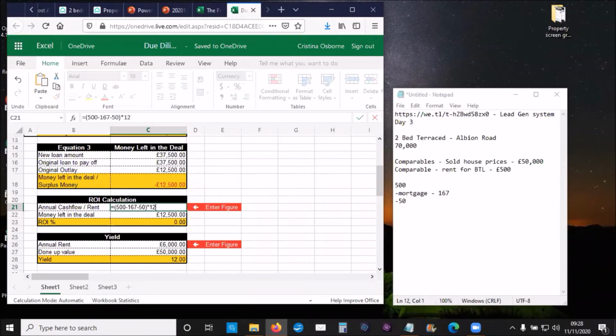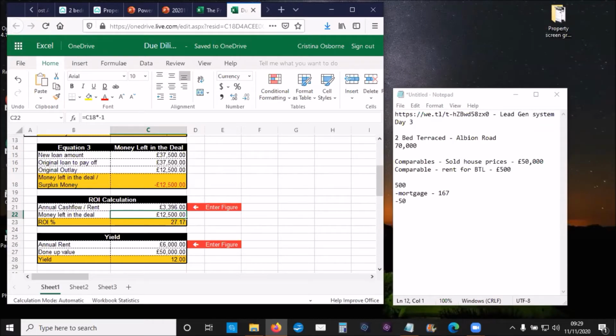So I just did an annual cash flow using the monthly rent, less the monthly mortgage coming out, less an estimated 10% monthly expenses coming out, okay? And multiply that by 12 to make it 1 year. So you've got the cash flow at 3,396.